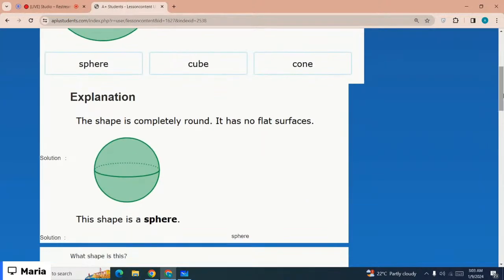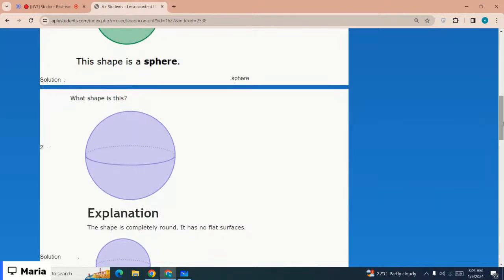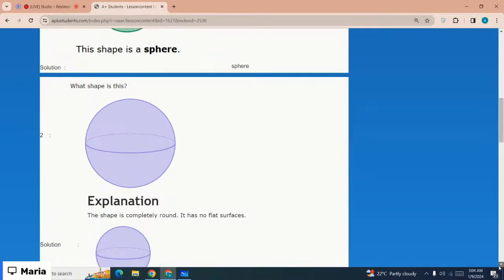Because the shape is completely round like a ball and it has no flat surface. So that's why that is a sphere. Okay, the next example: what shape is this? Again, that is a round shape like a ball, no flat surfaces. So obviously that is a sphere. Got it?